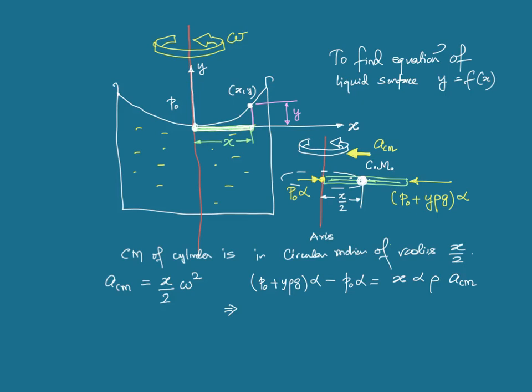So that means y rho g alpha is equal to x alpha rho times ACM, which is x omega square by 2. Alpha will cancel, rho will cancel, implies y is equal to omega square x square by 2g, and this is the same thing we have derived before in a different way.